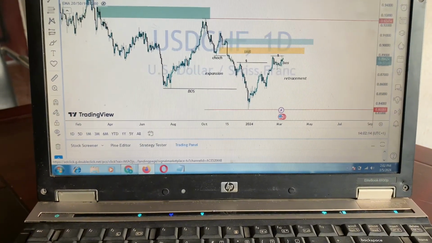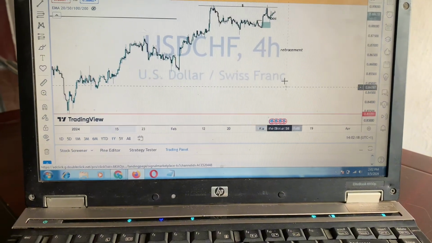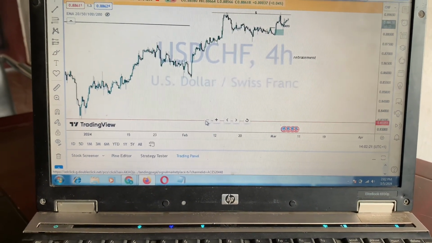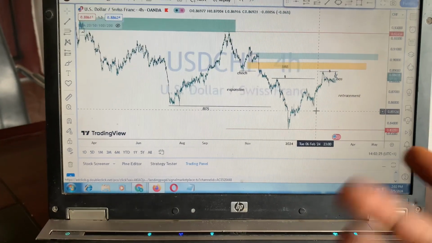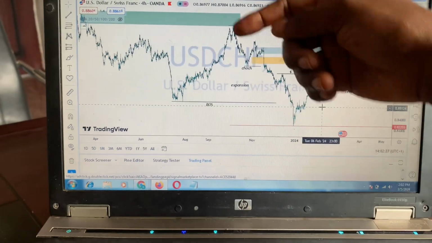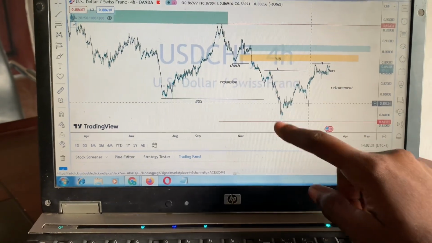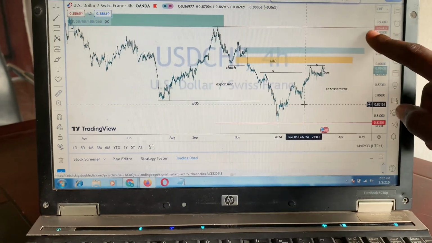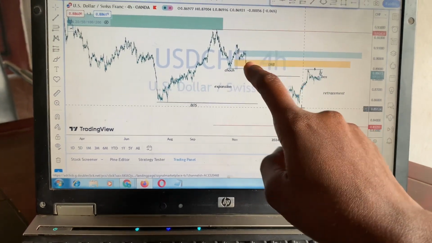Now let's go to the H4 so that we'll see what price action is currently doing. On the H4, still the same thing. We are looking at this trend here, this range. We can see that price has been going bullish, and then we are expecting price to react to fill an imbalance within here.